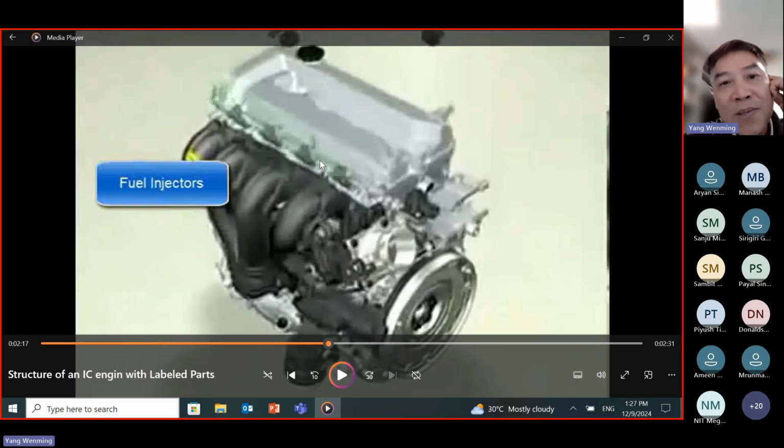Because for gas engines, the fuel is injected into the intake manifold and premixed with the air, then delivered to the engines. It's different from diesel engines, where the fuel injector is installed at the top, in the center of the cylinder.